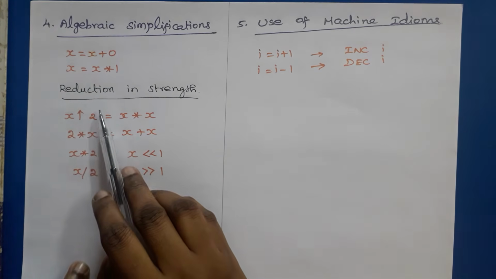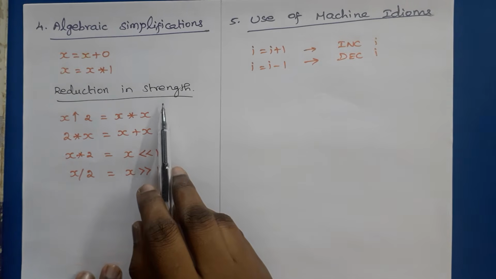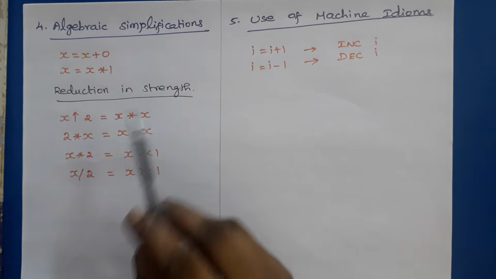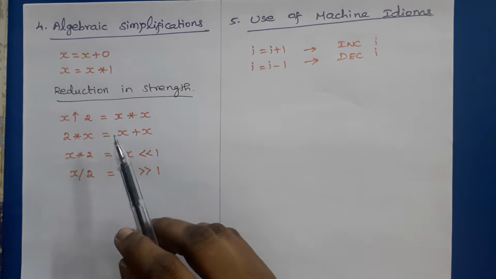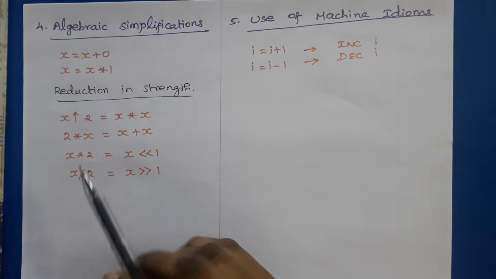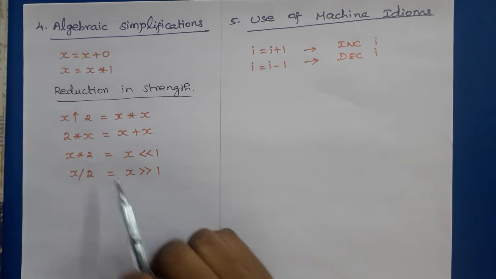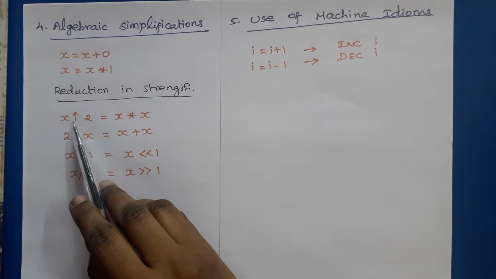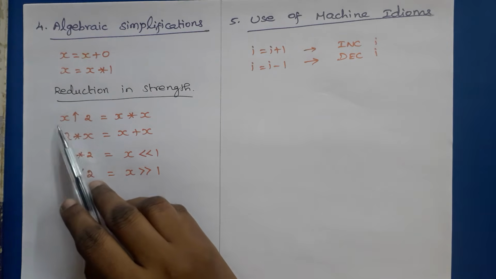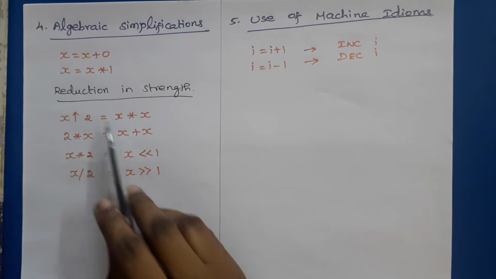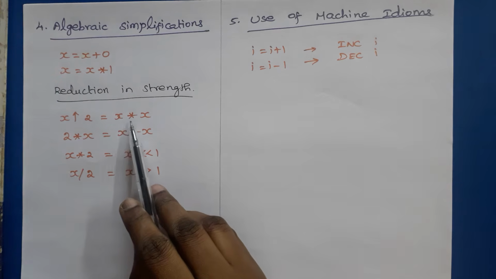Then another part is reduction in strength. Reduction in strength means complex operations must be replaced by simpler ones, or we can also say that expensive operations must be replaced by cheaper operations. So here this is called the exponent operator. Instead of doing x exponent 2, we can perform x multiplied by x, x star x.